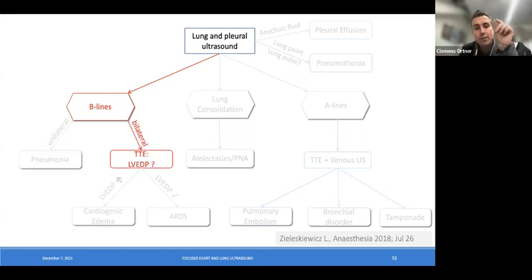If you find your B lines on both sides of the screen, then you should actually take a TTE and check for the cardiac function and check if there could be increased left ventricular end-diastolic pressure present, causing this pulmonary edema.